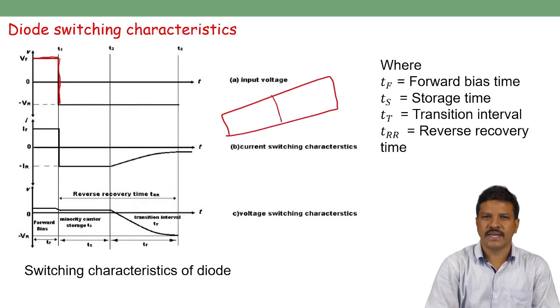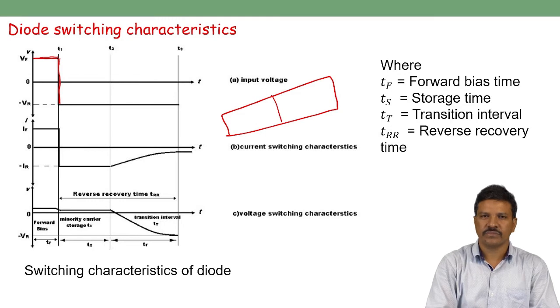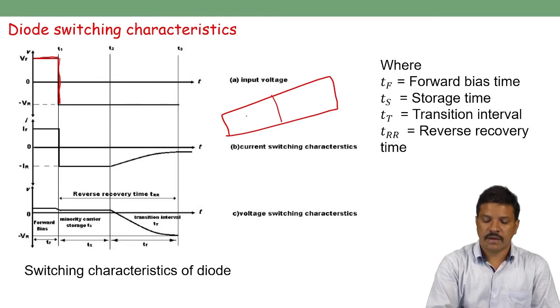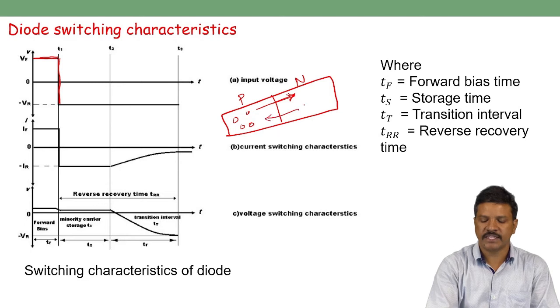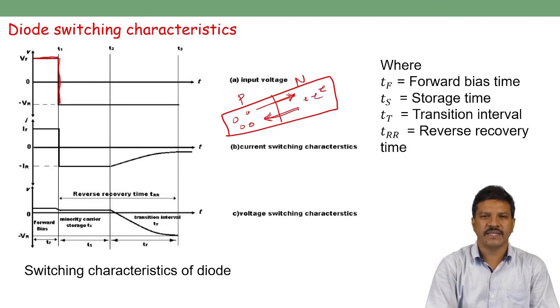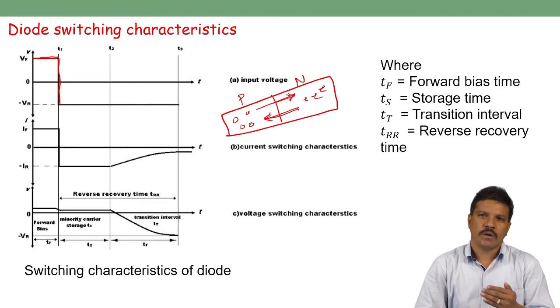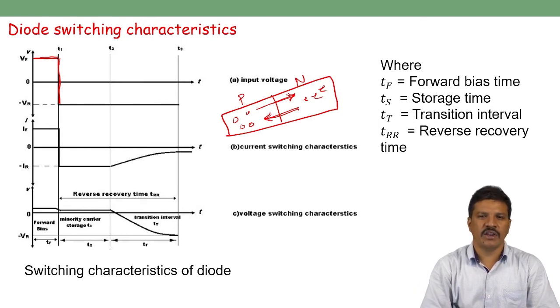In forward bias, what happens? All the majority charge carriers, the holes, move from the P side to the N side, and all the majority charge carriers, the electrons, move from the N side to the P side. That means the majority carriers from the P side cross the junction and enter the N side, where they are treated as minority charge carriers.